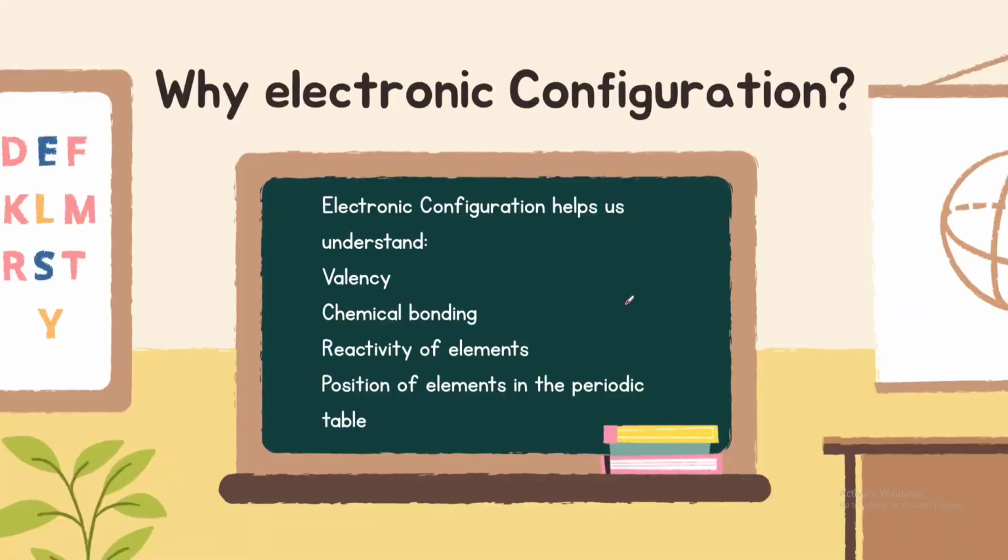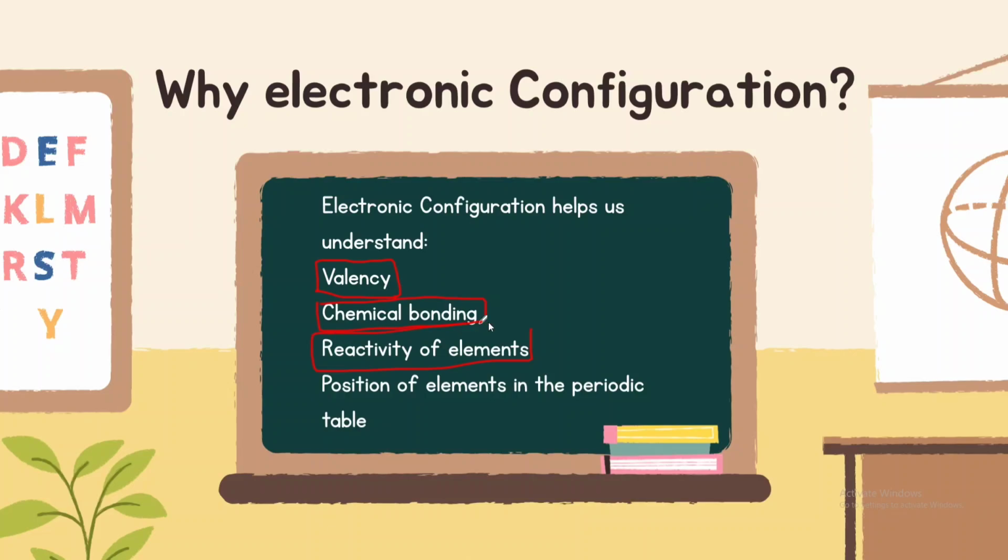Now, why is electronic configuration important? So let us discuss now what is the importance of electronic configuration. Okay, first thing first, it helps us in understanding valency, and in finding out the valency of different elements. Next, it helps us in understanding chemical bonding. Then reactivity of elements is also determined by its electronic configuration.